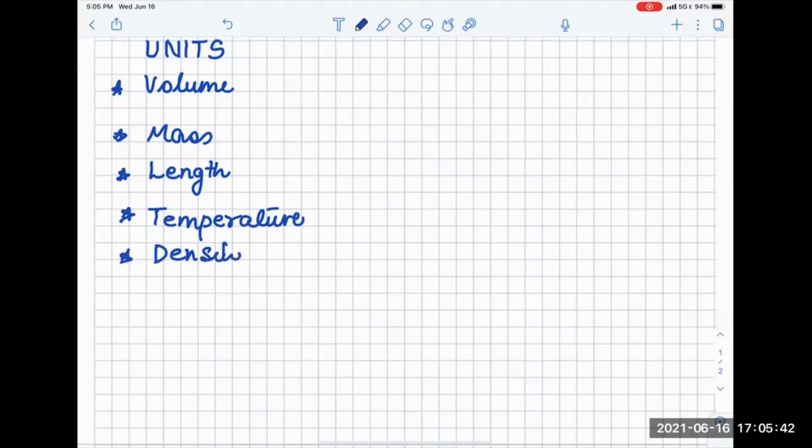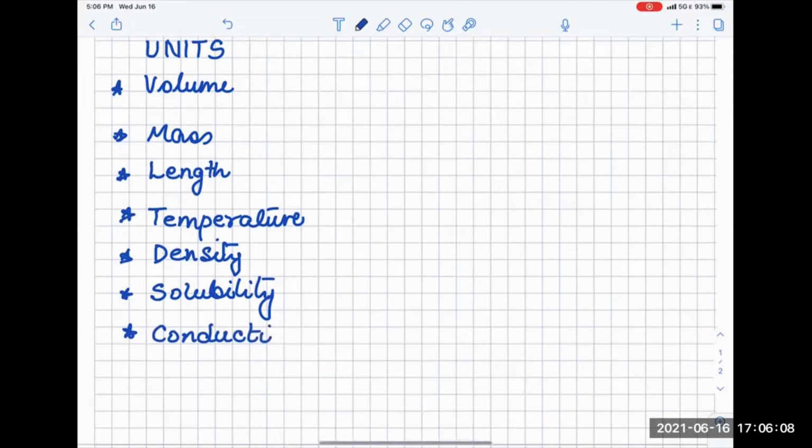And there are many more. Anything else? One or two more. There's also a unit for solubility. Then there are units in terms of conductivity, like how quickly a substance conducts. Okay, so we won't look at these units here. Just focus on the common ones.